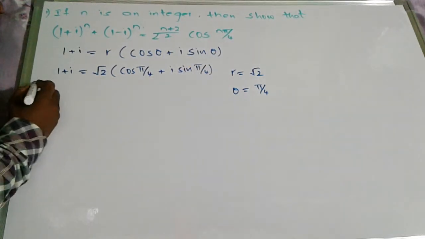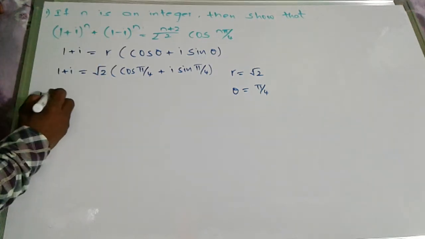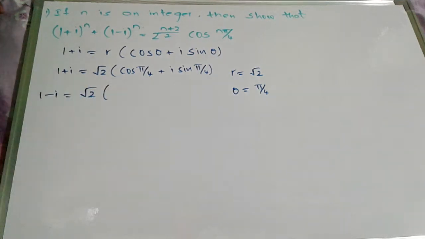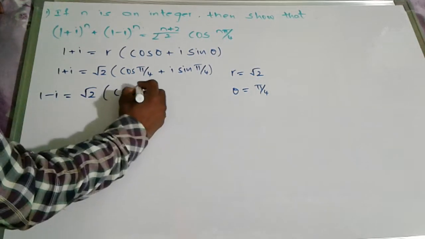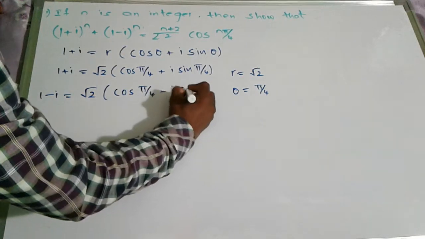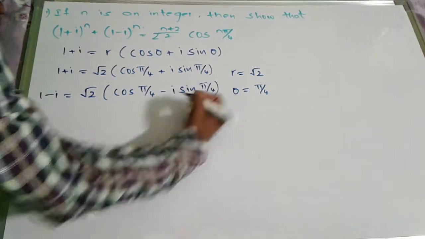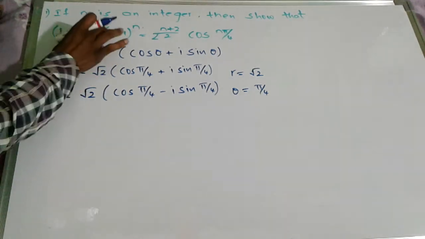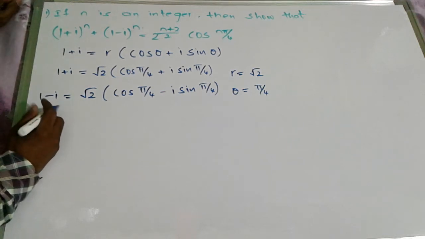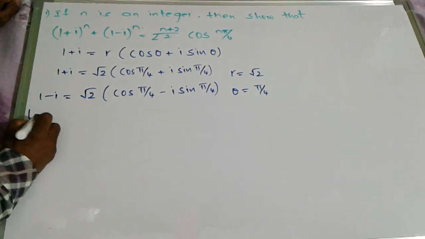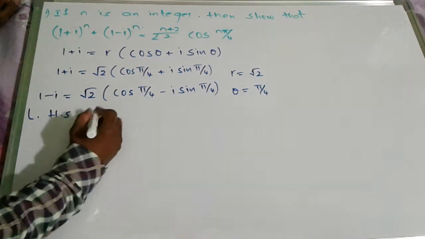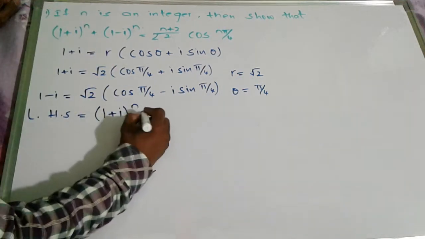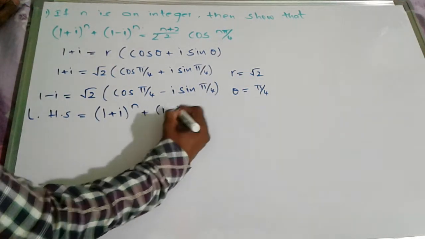So the complex conjugate of 1 plus i is 1 minus i, right? So to write this, root 2 times cos pi by 4 minus i sin pi by 4. So we have to substitute the polar forms of 1 plus i and 1 minus i over here. To do that, we consider the LHS part. LHS equals 1 plus i whole power n plus 1 minus i whole power n.